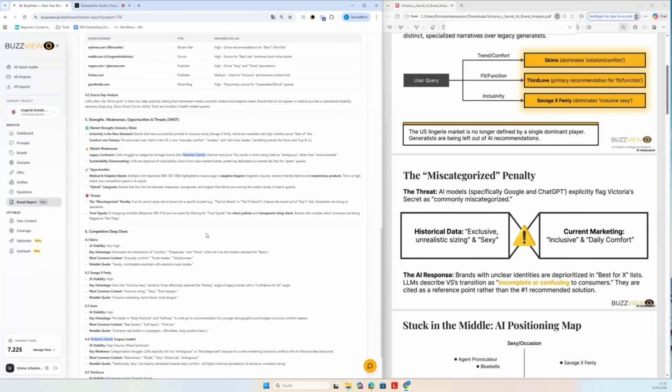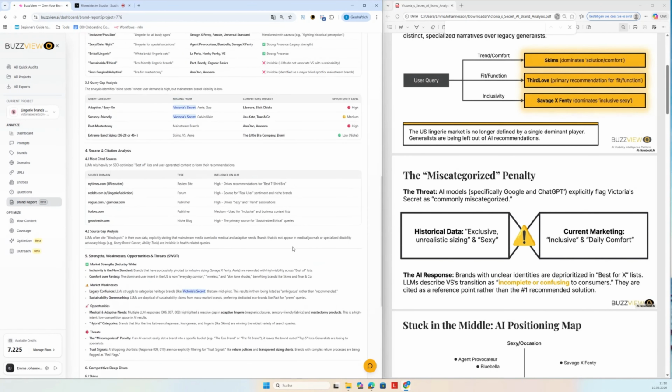It means that by seeing what is missing in the market, I know there's a way for this brand to become more successful and get mentioned and recommended a lot by AI. And that is, you need to leave this ambiguous positioning behind, and you need to lean into something that the other brands are not currently offering or not offering well. And in this case, that would be adaptive or health-driven lingerie.